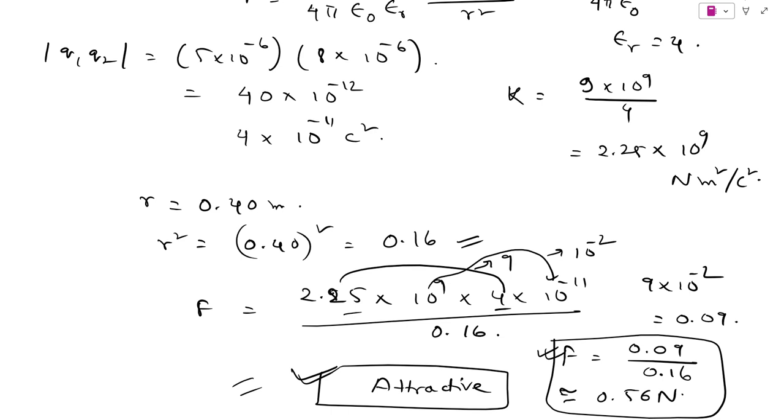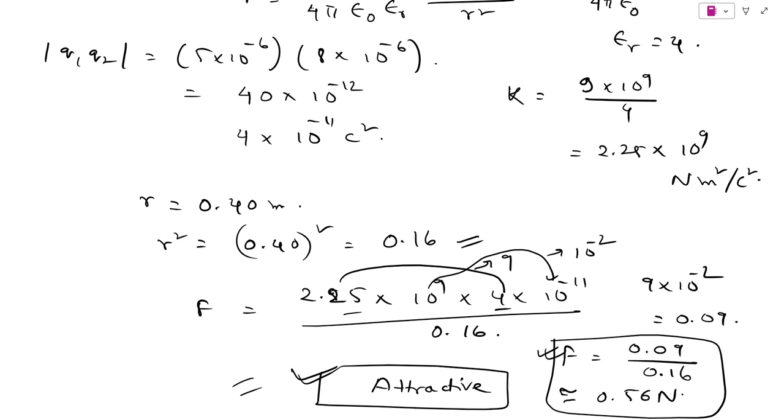Now, here is an interesting observation. Notice that the force is not very large, even though the Coulomb constant is nearly 9 into 10 to the power 9. Why? Because the charges themselves are extremely small, only a few microcoulombs. So this beautifully demonstrates that both the magnitude of charge and the distance between the charges control the electrostatic force.